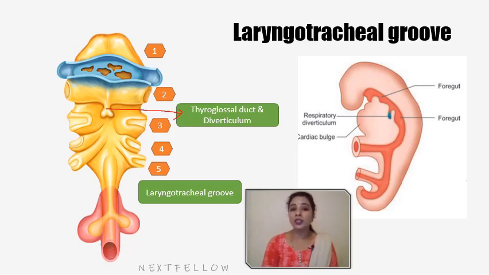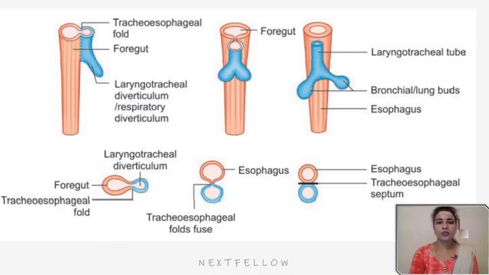The laryngotracheal groove deepens to form a longitudinal diverticulum called the laryngotracheal or respiratory diverticulum. The tracheoesophageal septum separates this laryngotracheal groove, the ventral portion, from the primitive esophagus, which is present on the dorsal side.